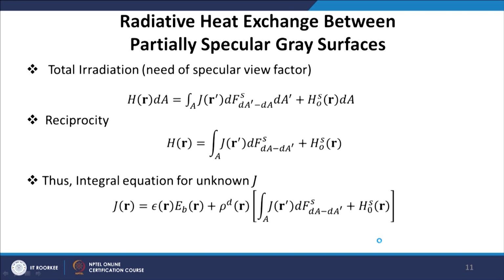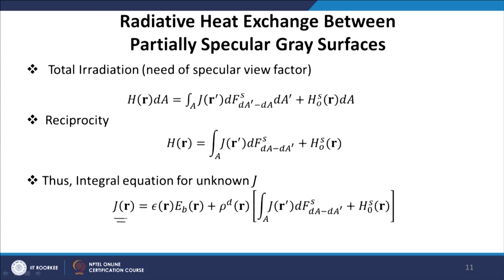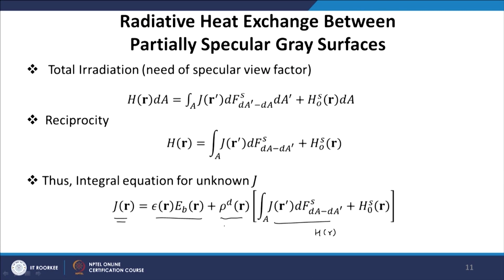The mathematics involved is pretty similar to what we have already done. The radiosity is basically made up of emission and diffuse reflection. So, rho d is the reflectance and this is the total amount of irradiation H. In the bracket we have the total amount of irradiation, this undergoes diffuse reflection. So, radiosity is made up of these two components.